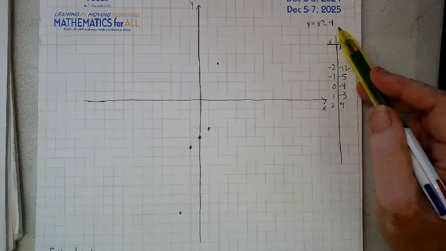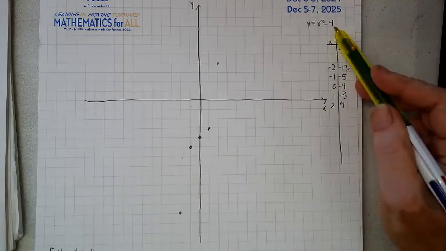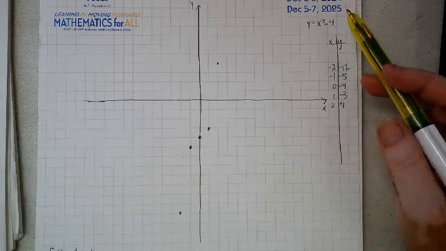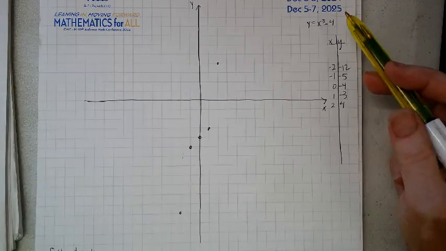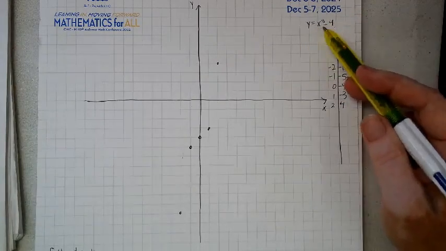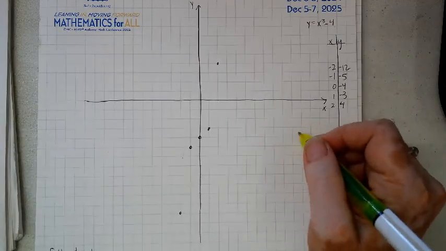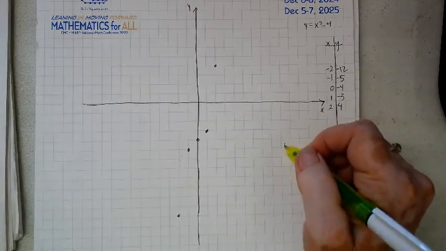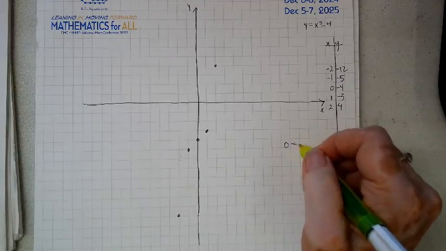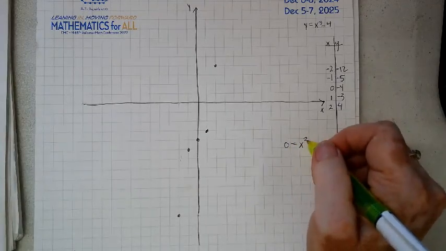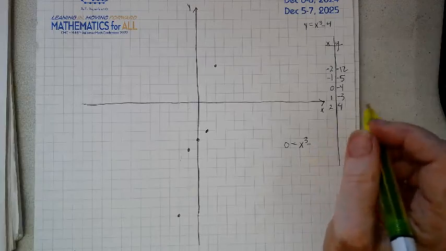I know the intercepts happen when y is 0, then I'll have an x-intercept. So I actually have to do a little bit of math. So I'm going to set y equal to 0, and I'm going to solve it algebraically just to get my intercepts.